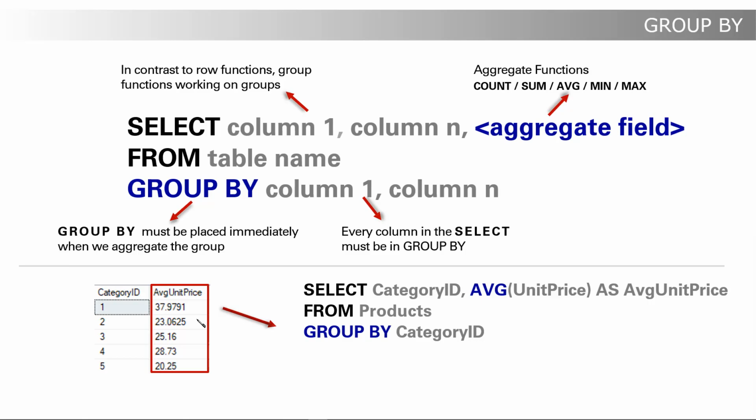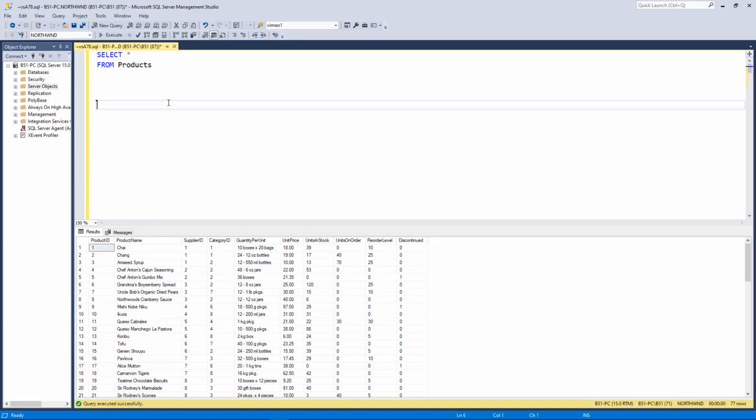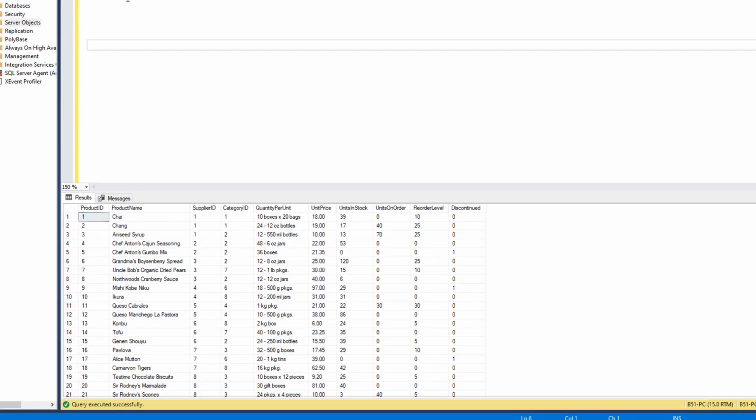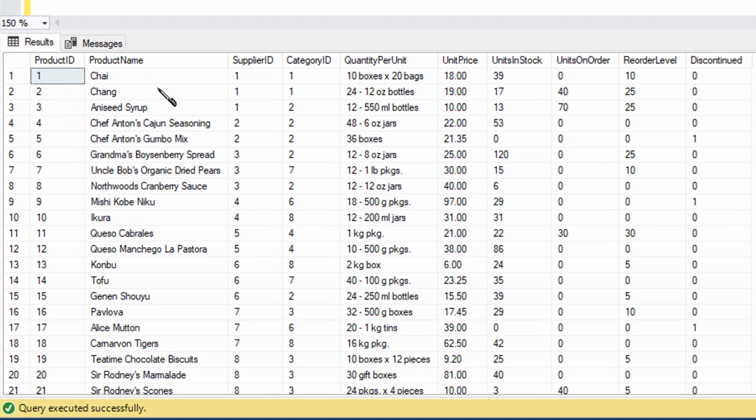Let's see it in the SQL Server. So first of all, we'll do select asterisk from products. We get all the columns of the products table, but we want the average unit price of the category. In category 1, we see that we have 2 rows because we have 2 products with 2 unit prices, but we want the average of them.